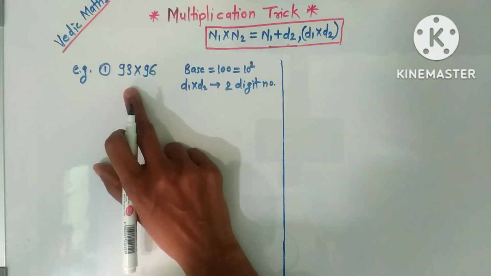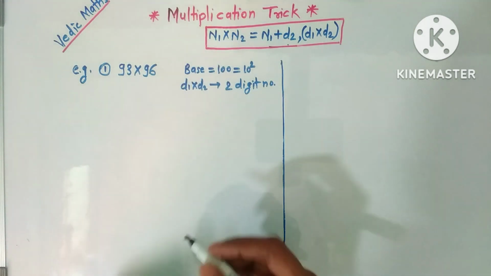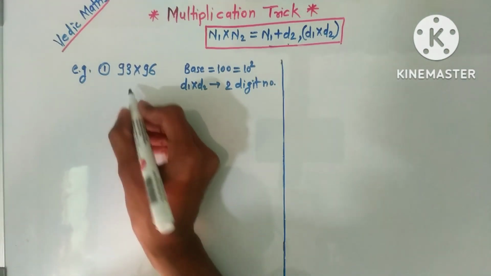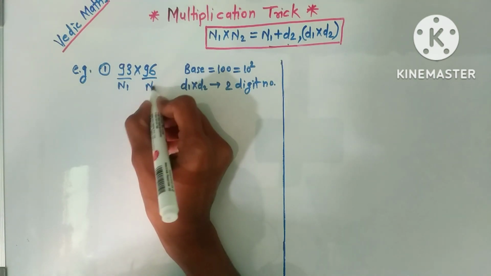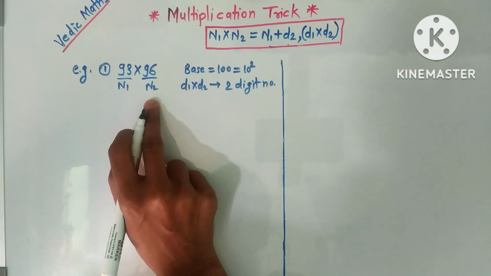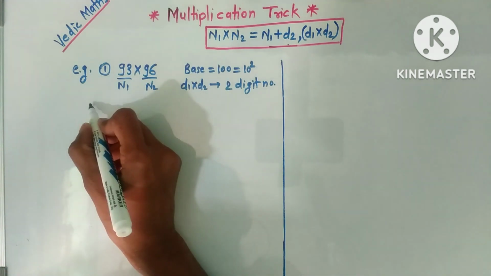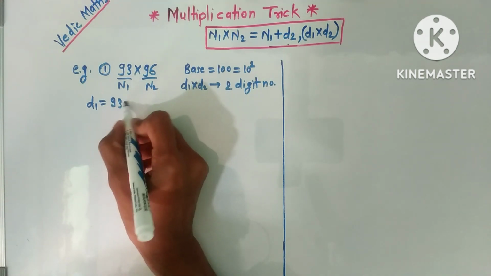So how do we find the multiplication of 93 into 96 by using this trick? Suppose 93 is n1 and 96 is n2. Now we know n1 and n2, and we have to find d1 and d2. d1 means the number n1 minus base.